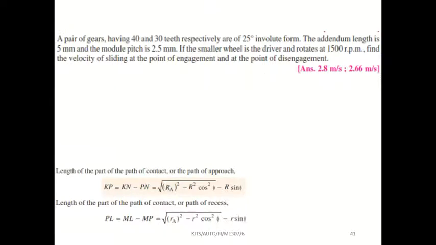First, let us write the given data. It is having 40 and 30 teeth.